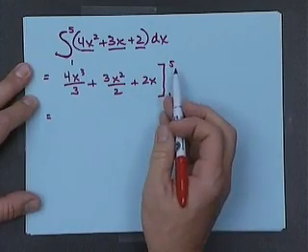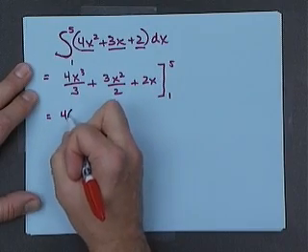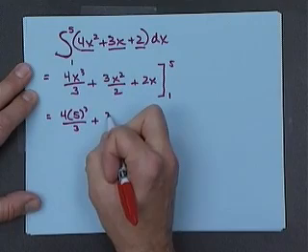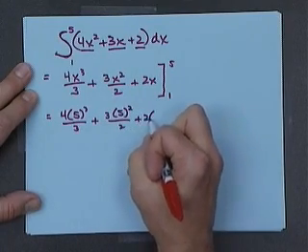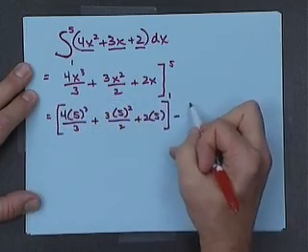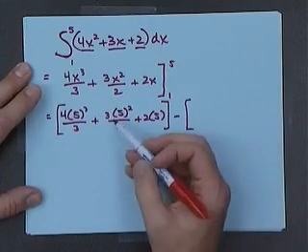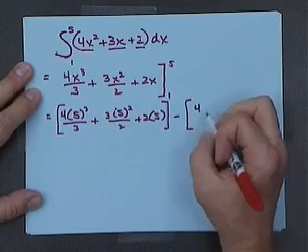So we evaluate at the upper limit. And we subtract from that this antiderivative, I think we refer to it as a capital F of x, at the lower limit.